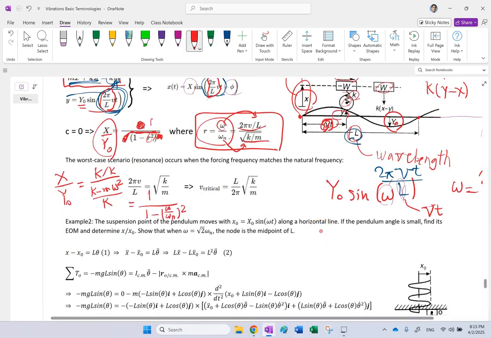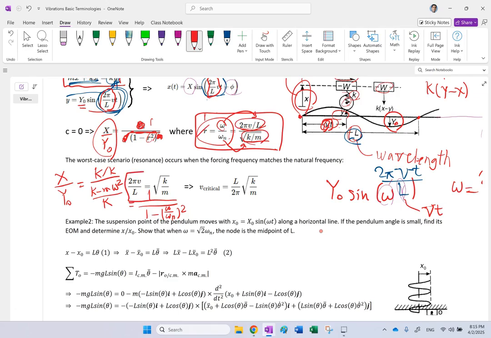If I set this equal to 1, that means the numerator and denominator have to be the same. And if I solve for v, because I want the worst v, the most unfavorable velocity, if I simplify, this is going to be the critical speed.